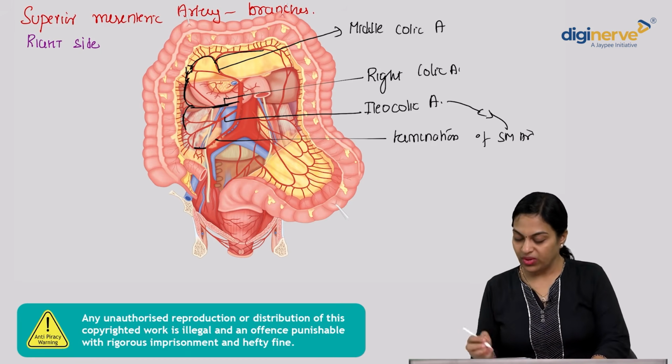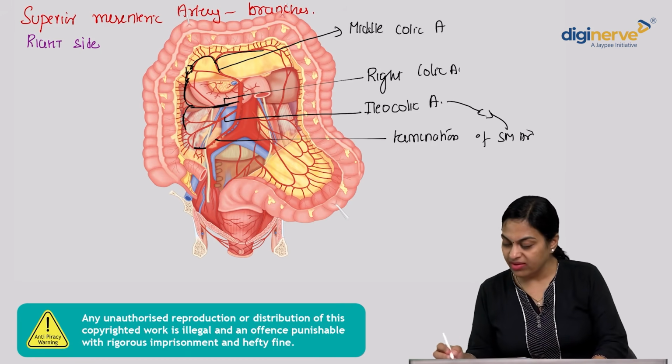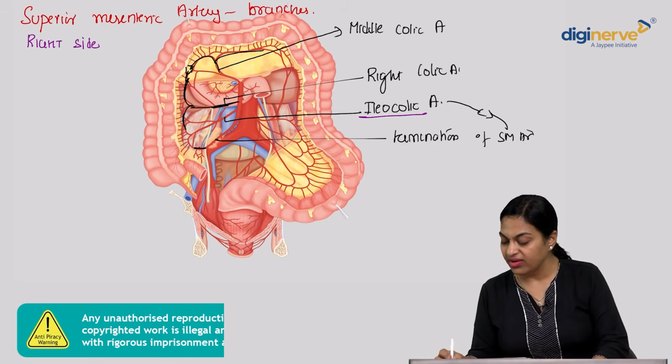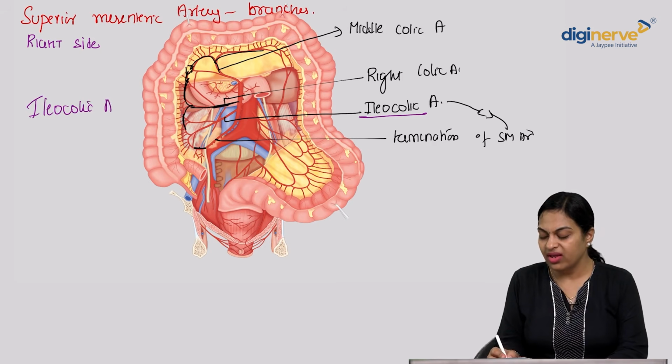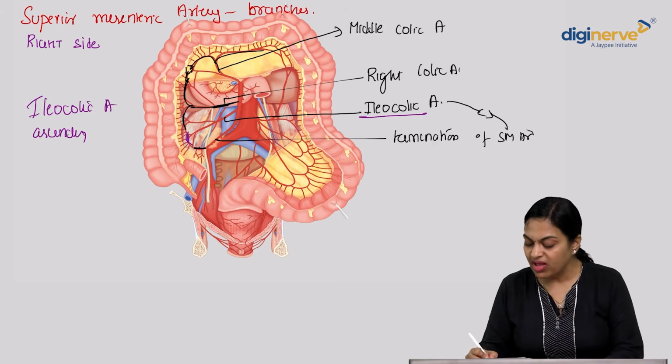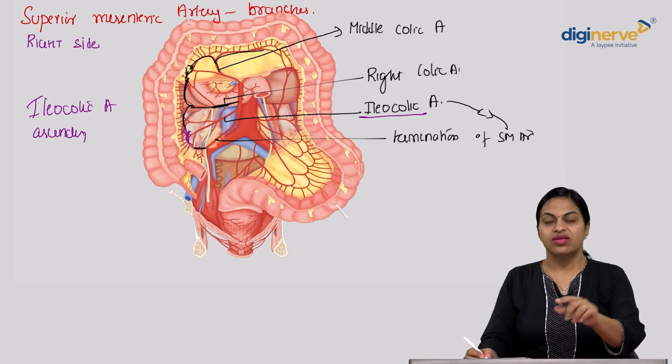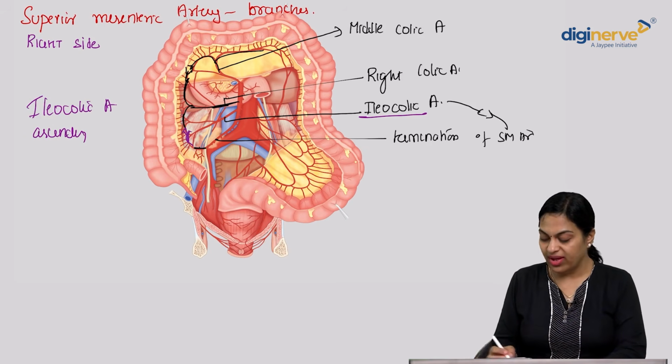The branches from the ileocolic artery are important. The ileocolic artery again will divide into an ascending branch. This ascending branch will anastomose with the descending branch of the right colic artery.